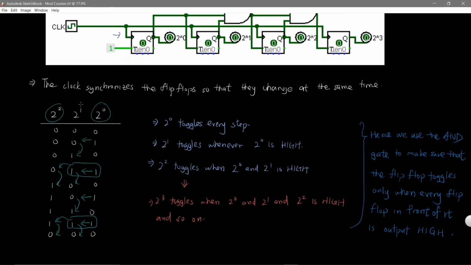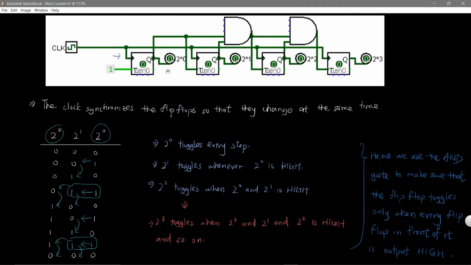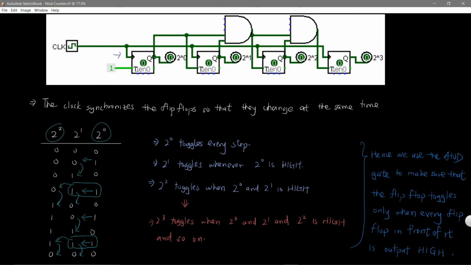You take the output of these two and connect to the input of the 2 power 2 place. You can see that the output of the first flip-flop is here, and the output of the second flip-flop is here, and connect through an AND gate, and this AND gate is connected to the input of the third flip-flop.